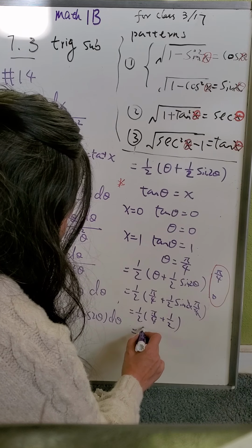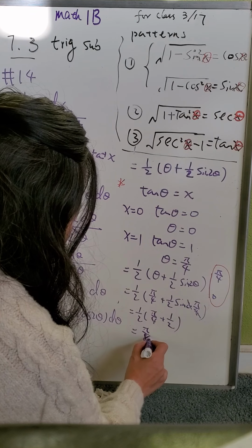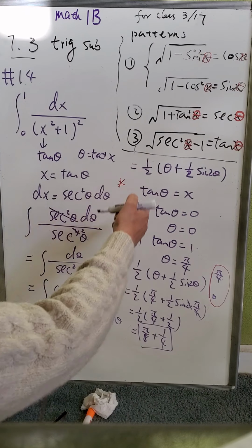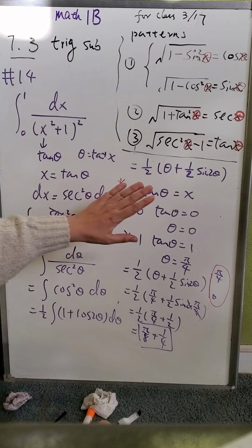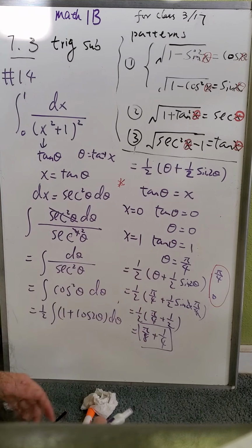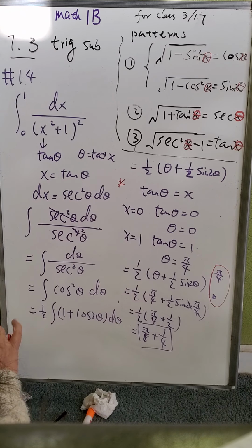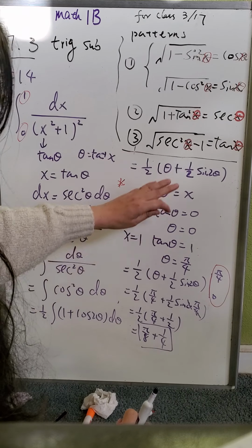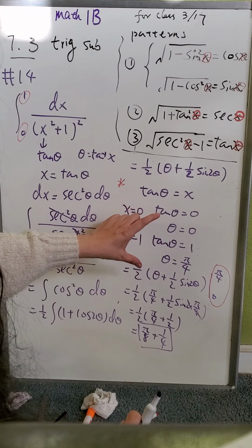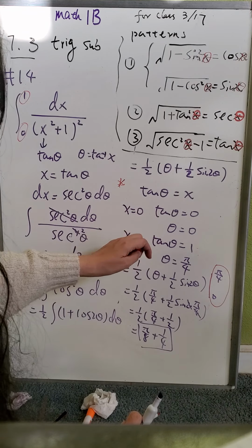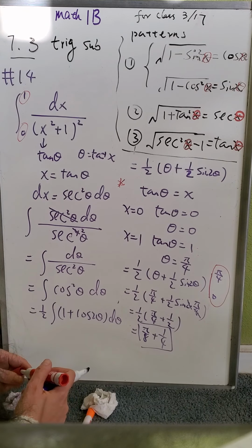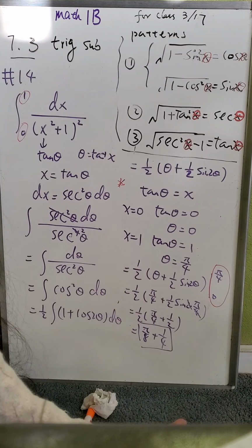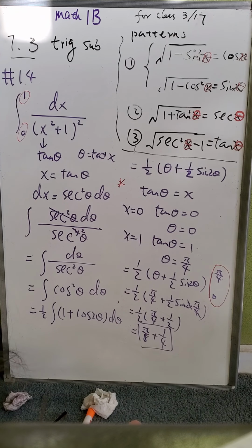And so we get the same answer, π/8 plus 1/4. So whichever method you like, use it. This is probably a little bit easier when a problem has a limit, but then your trigonometry should be pretty clean. You know exactly what to substitute and convert. So that's for number 14.